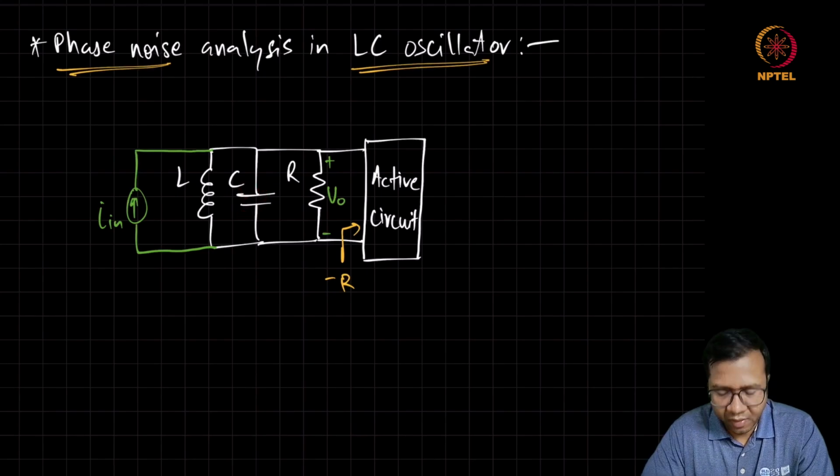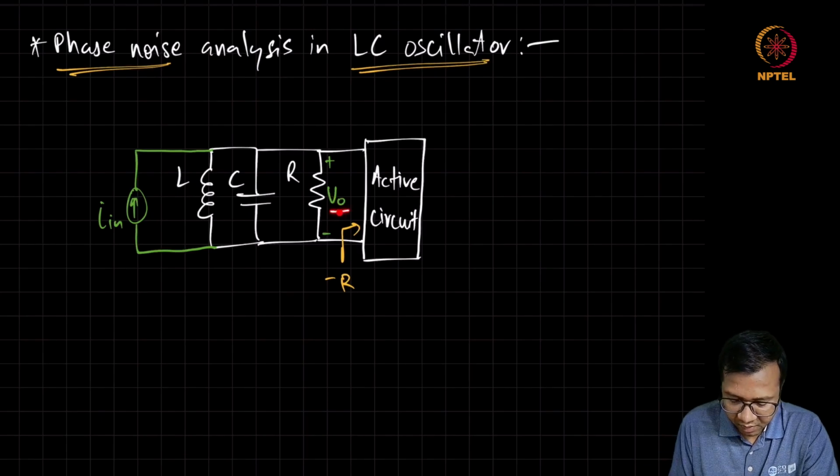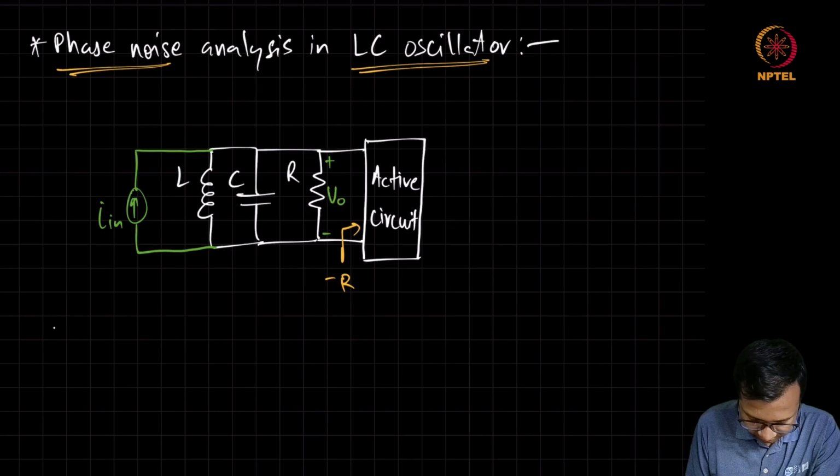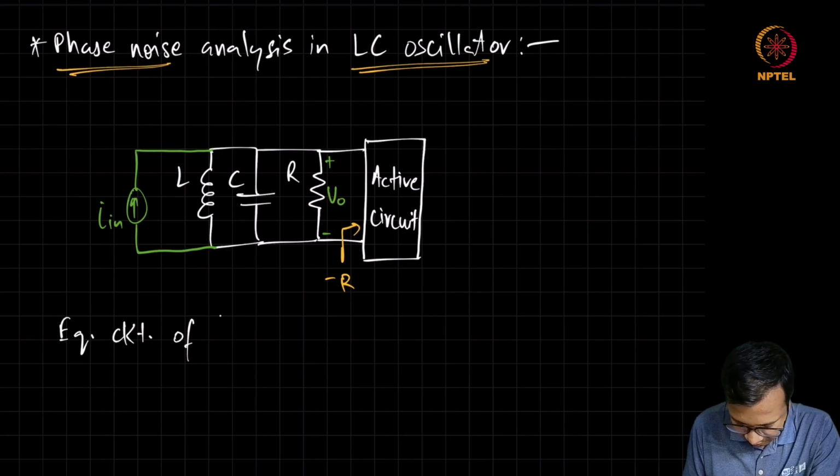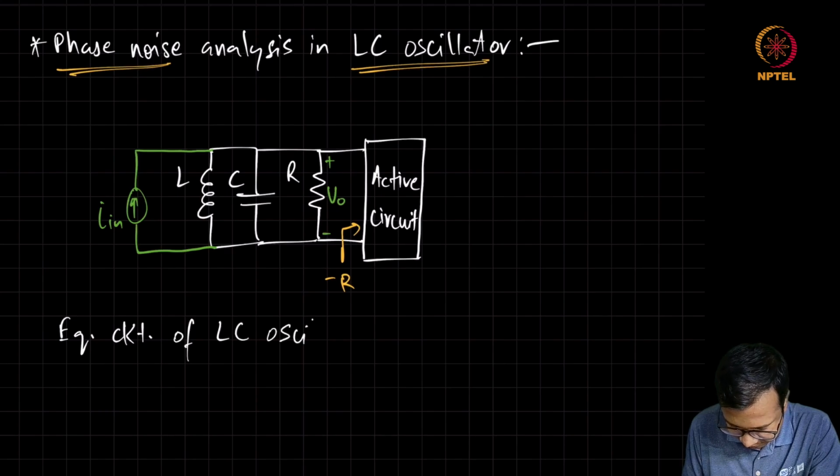And then this capacitor will discharge over time through this oscillator circuit, resulting in the output voltage. This is the equivalent circuit of the LC oscillator.